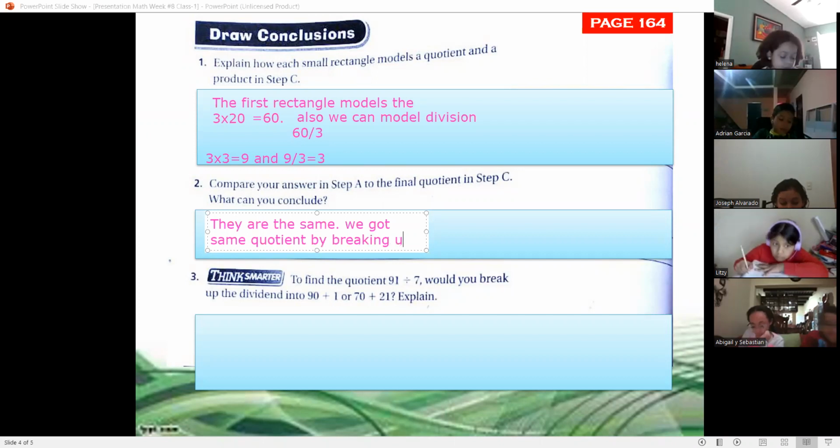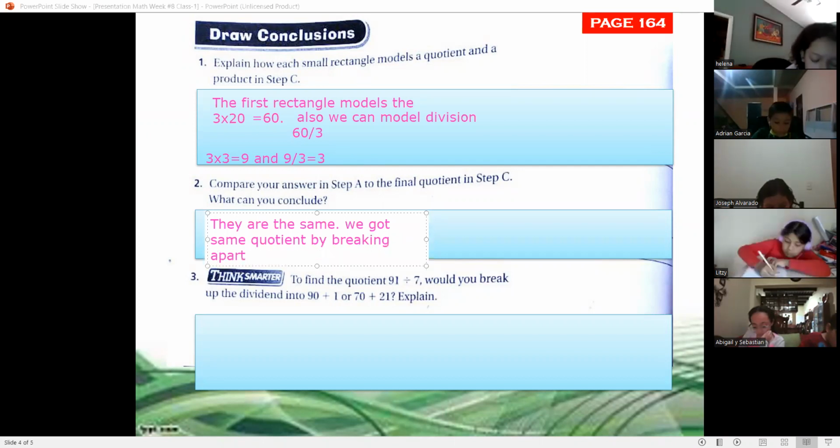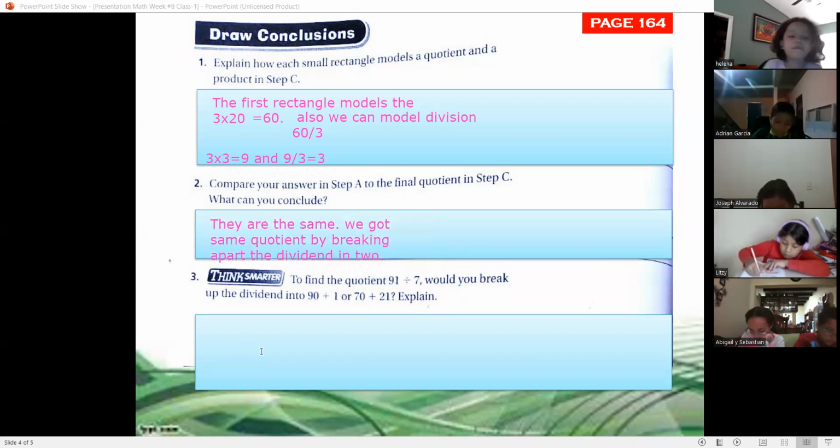In both, we're breaking apart the dividend. Remember that we were breaking apart the dividend because we broke apart 60 and we broke apart 9. And at the end, when we break apart these two, it was 23.